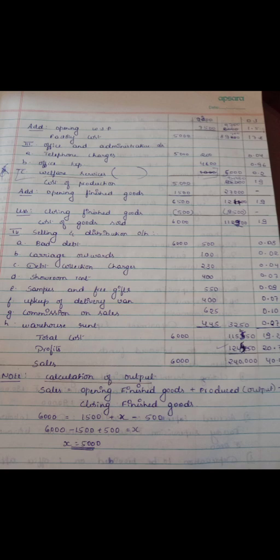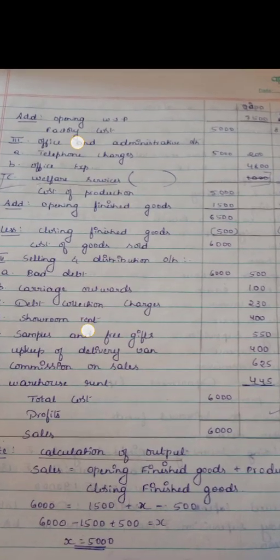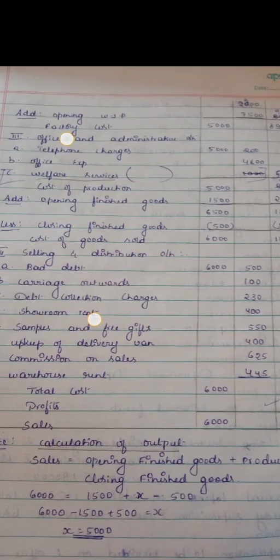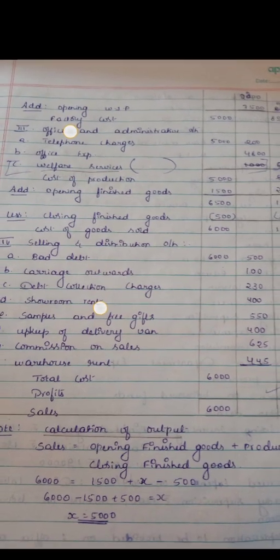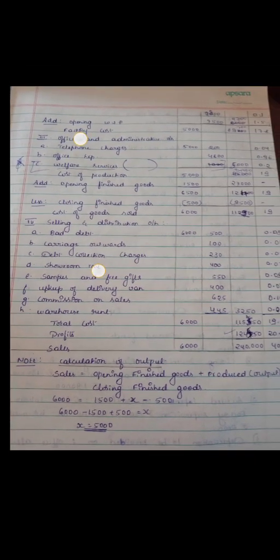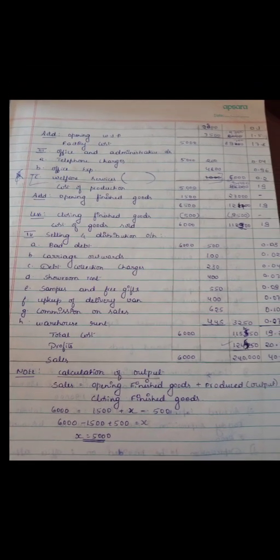For this again we calculate the per unit. Then add opening finished goods, that is 1500, and less closing finished goods, that is 500, and cost of goods sold is 6000.